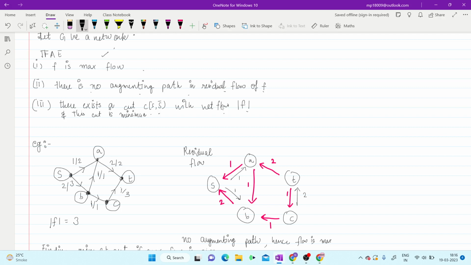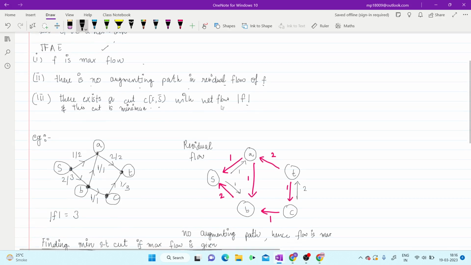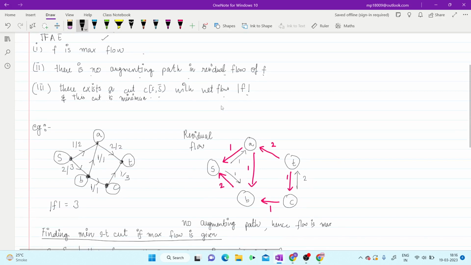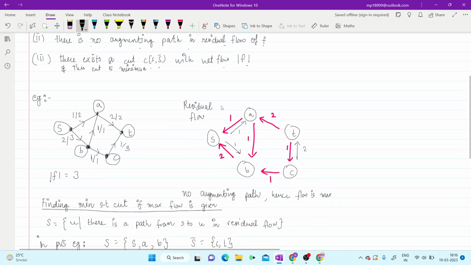Now we are looking at the other direction: once we have a maximum flow, how do we construct a minimum cut? Let's look at this with an example. Our next problem is, if we are given a maximum flow, how can we find the minimum cut? Because we know that the value of the maximum flow equals the value of the minimum cut. So if, given any maximum flow, we can find a minimum cut, this will be done.